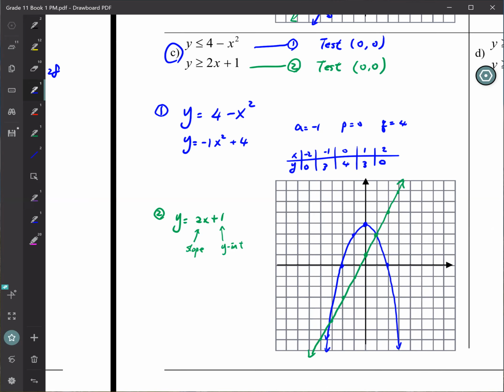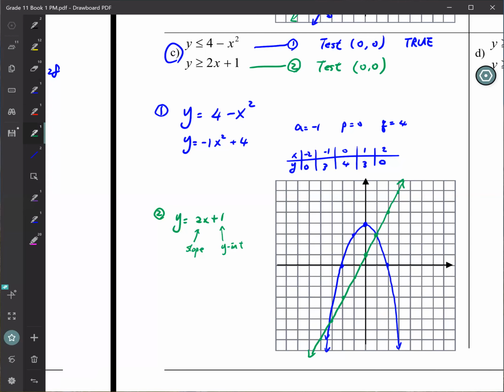Okay, Angela, what's the true or false for the first one? For the first one, 0 is less than or equal to 4, so it's true. Very good. Evan, second one, true or false? I got false, because 0 is not greater than 1.